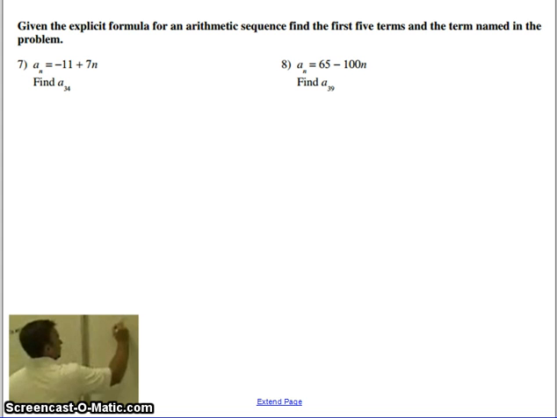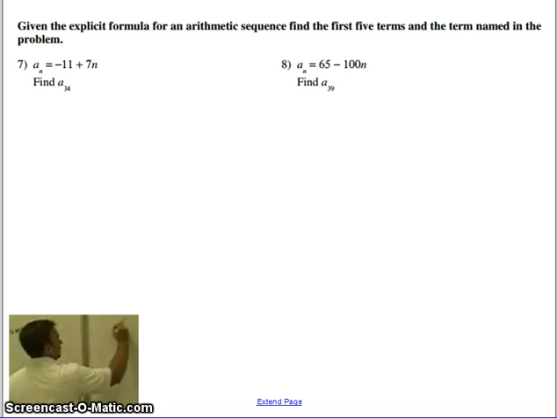Next example, given the explicit formula for an arithmetic sequence, so again, here's our explicit formula. It's a little different from what I wrote. We have to find the first 5 terms and the term named in the problem.